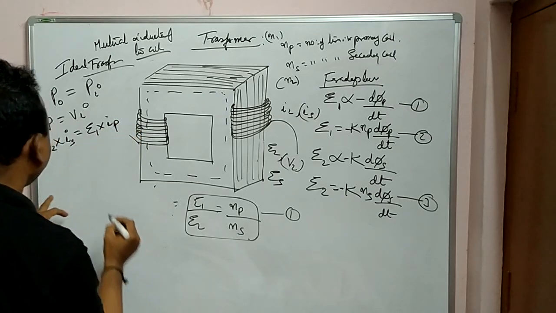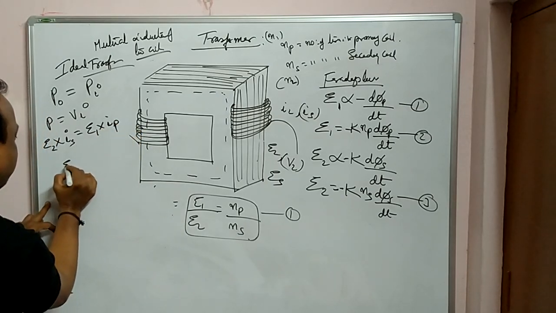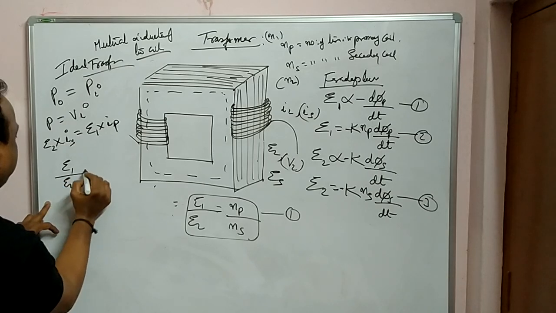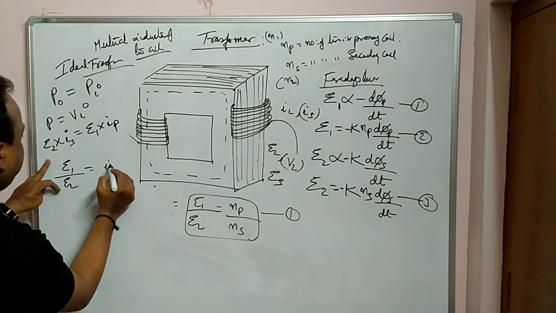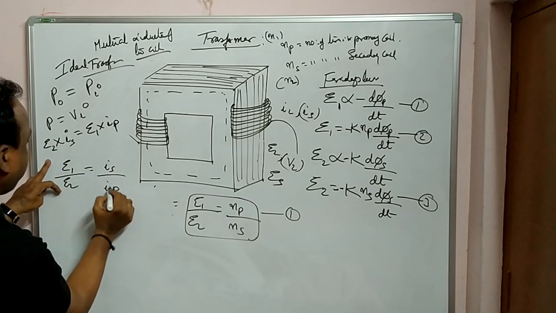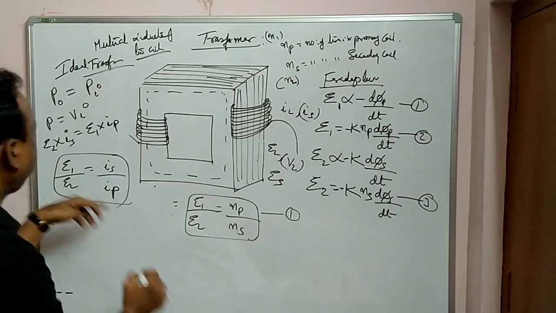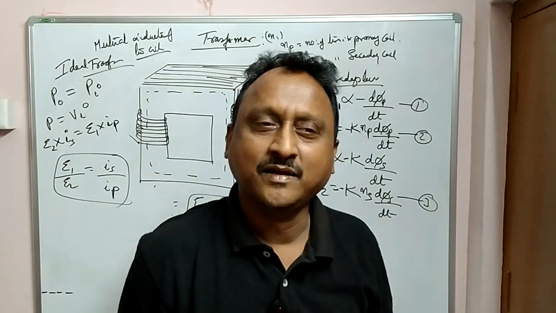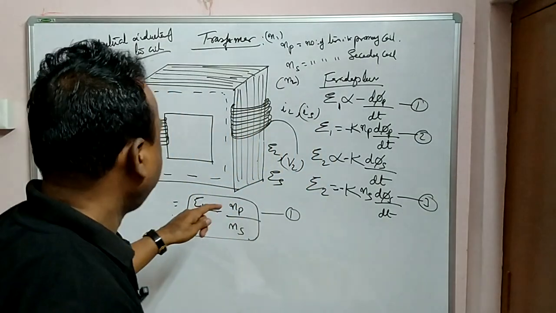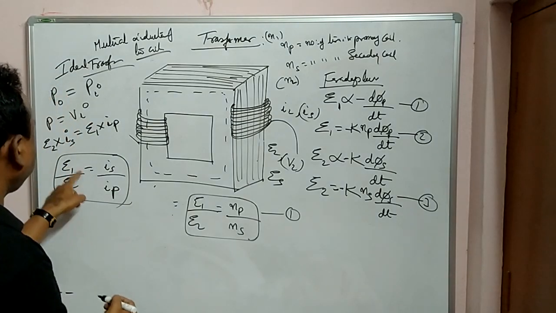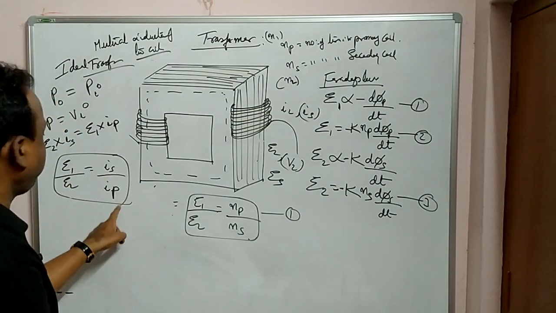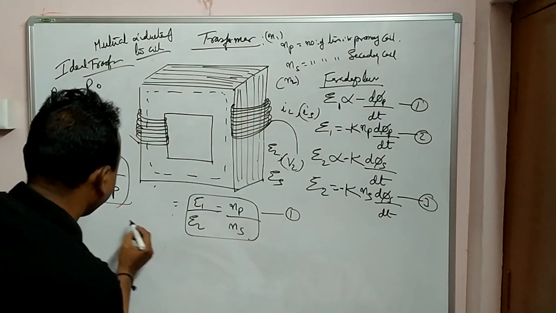So in this, what happens again? You see this equation. What is E1 by E2? E1 by E2 is equal to IS by IP. Here EMF is inversely proportional to the current. More current, less EMF; less current, more EMF. Substitute here.